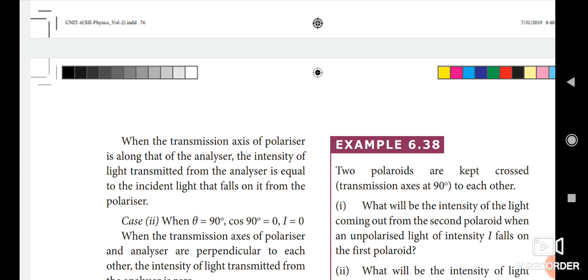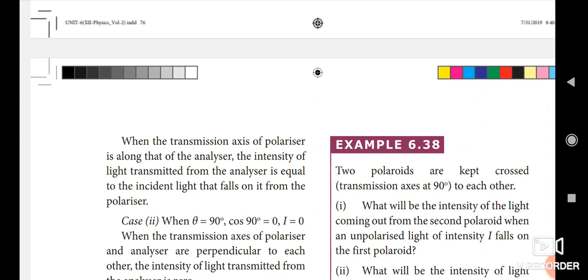Here the intensity of light transmitted from the analyzer is equal to the incident light that falls on it from the polarizer. That means the intensity of the analyzer light will be equal to the polarizer light.